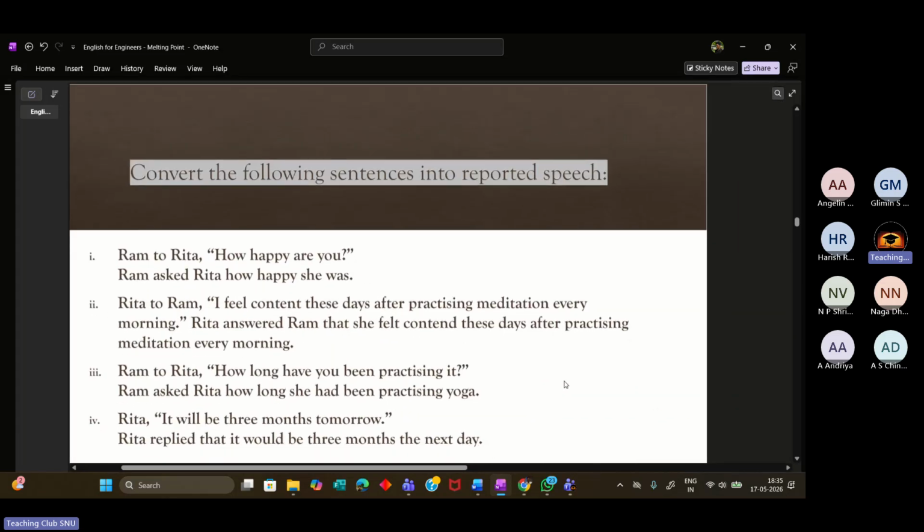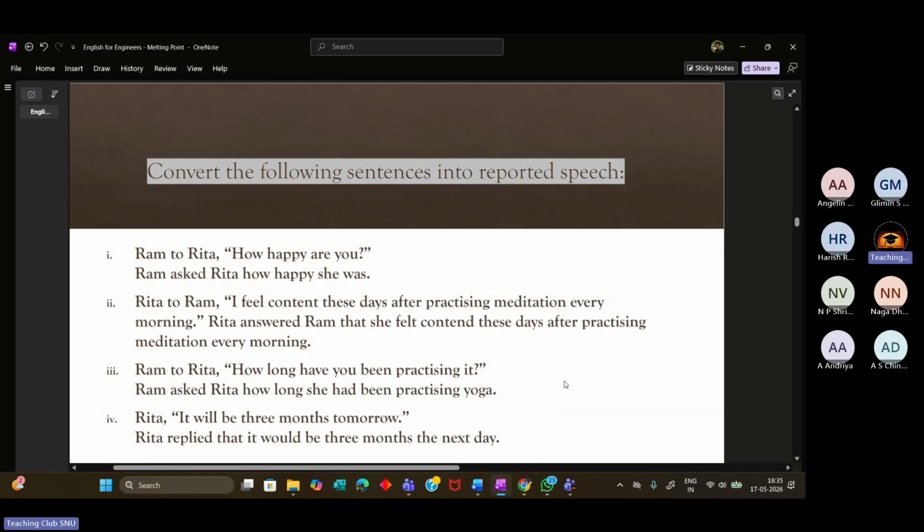And about these connecting words, bridges, we need to be very careful. We need to ensure that the connecting word we put there conveys the essence of what's inside the quotation marks. So Ram to Rita: "How happy are you?" It's a question. So Ram asked Rita how happy she was.